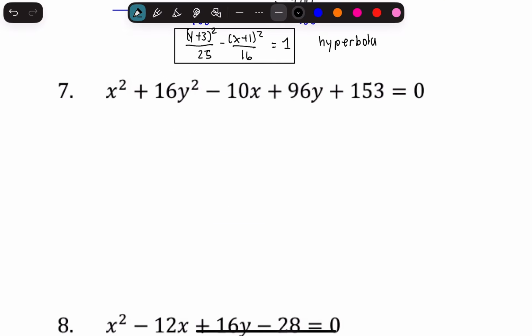x squared plus 16y squared minus 10x plus 96y plus 153. First, you're going to group these. Now you can move the constant.